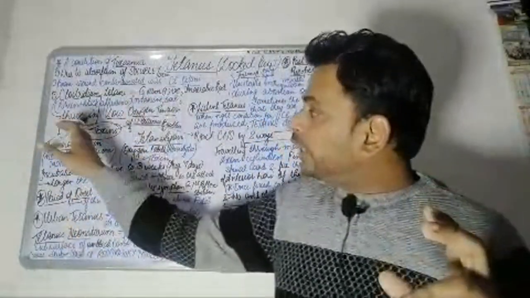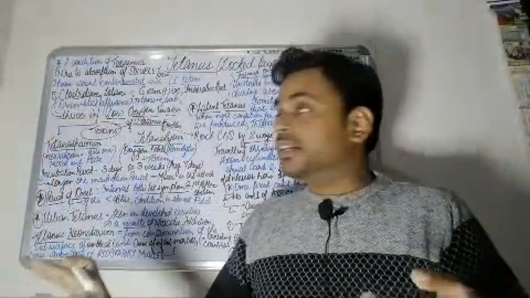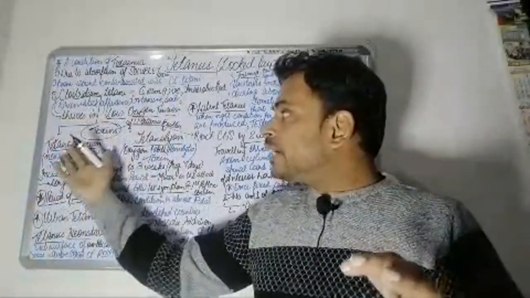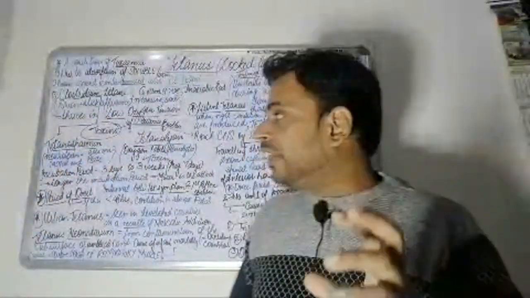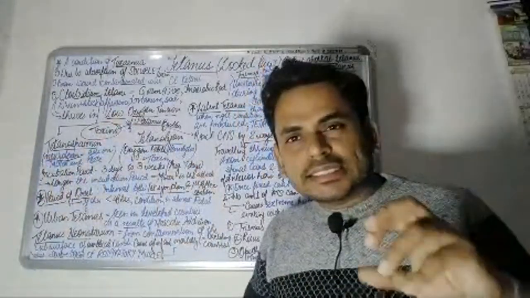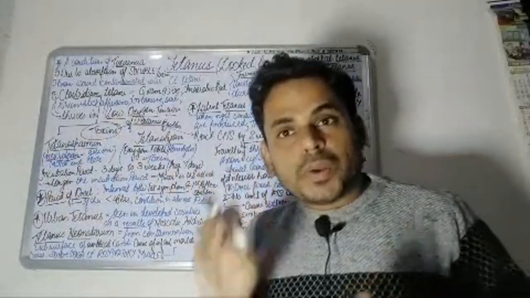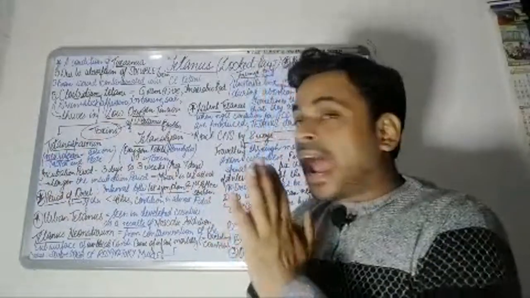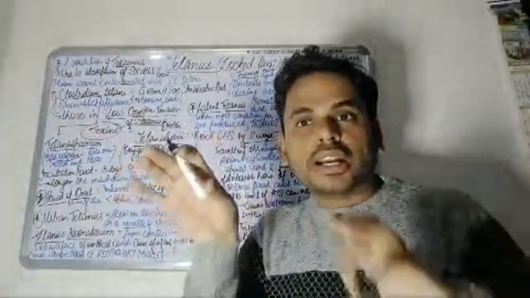Now, what is the nature of these toxins? The tetanospasmin is particularly a neurotoxin, and since it is a neurotoxin, it is going to affect the nerves, and it acts on the motor end plate.